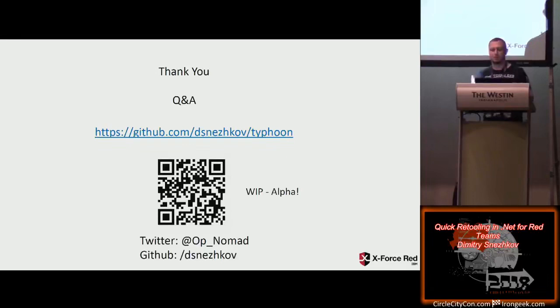Play with it, contribute to it. It's a work in progress. It really is just a work in progress, but hopefully that gave you some ideas of how offense moves. If you're on the offensive side, then you may enhance or grab some ideas from it. If you're on the defensive side, also know that these things are happening and they're being used.